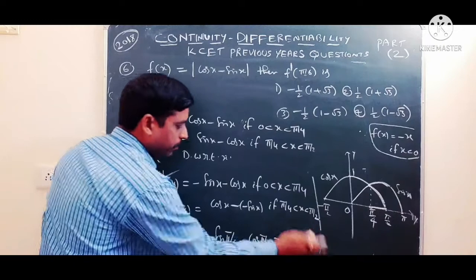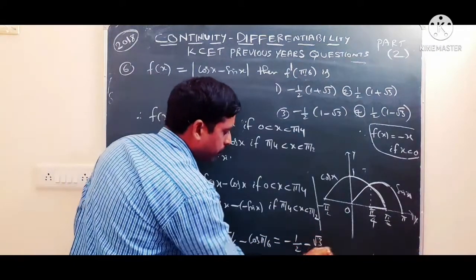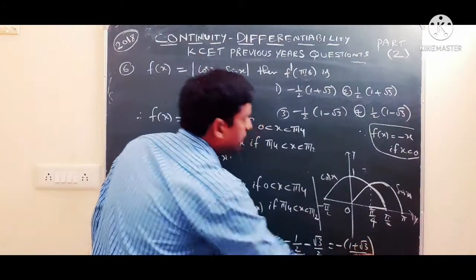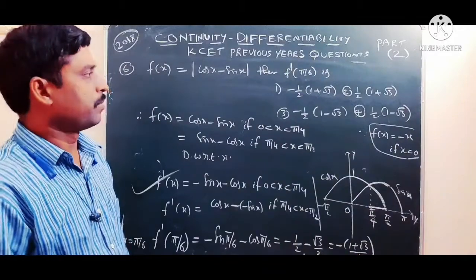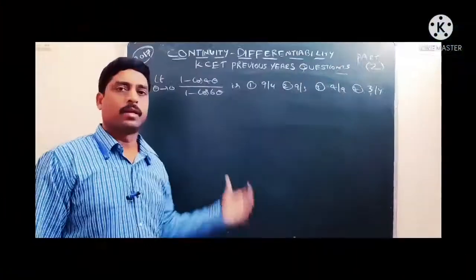The sin 30 value is 1 by 2, the cos 30 value is root 3 by 2. So the answer is minus of 1 plus root 3 by 2. Option 1 is correct. So let us go to the next problem.